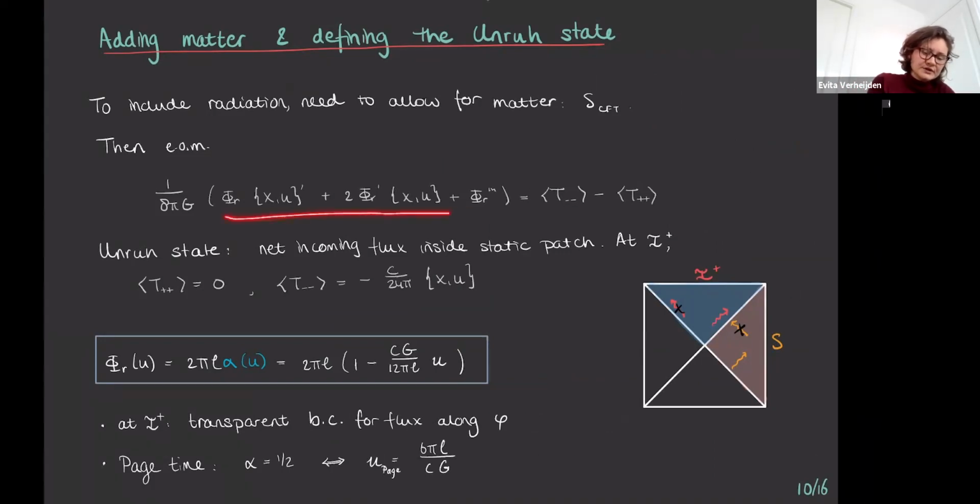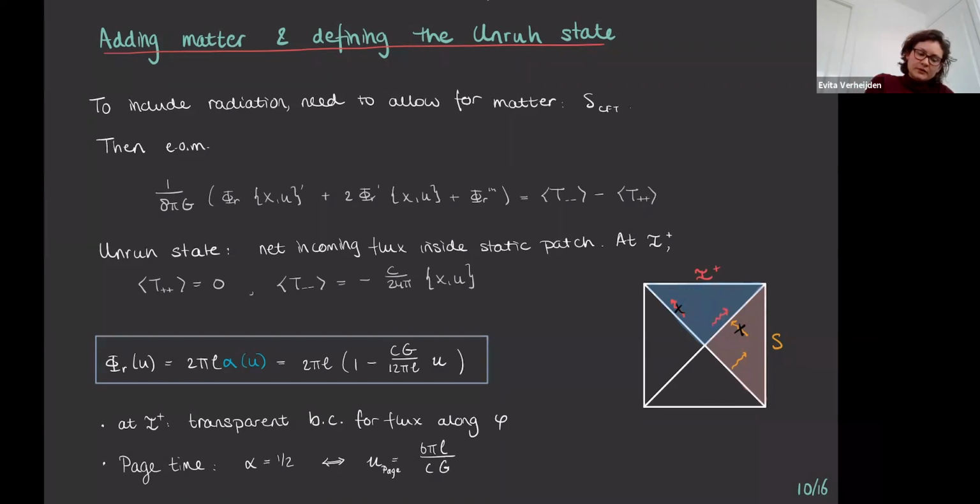It's just a differential equation for the energy flux at future infinity. As I said before, we wish to define a state in which there is a positive incoming flux in the static patch. In these static patch coordinates, it means that there's no radiation leaving the future horizon. Translating this to the coordinates that are valid in the future patch, we'll see that that's only right movers.